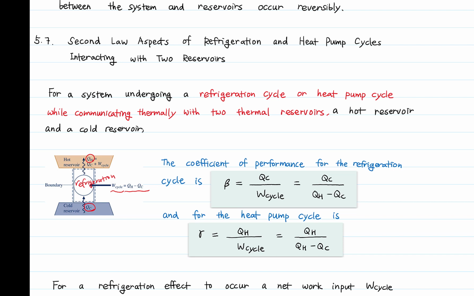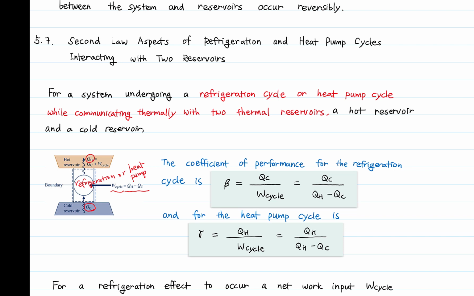Similarly, a heat pump is a continuously operating device to transfer heat from a low temperature to a high temperature. Both refrigerator and heat pump work in the same way. The performance of a refrigerator is determined by the coefficient of performance, or COP. It is defined as the heat transferred over work input.